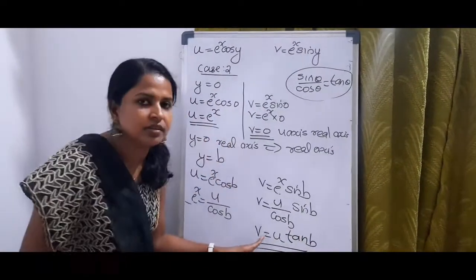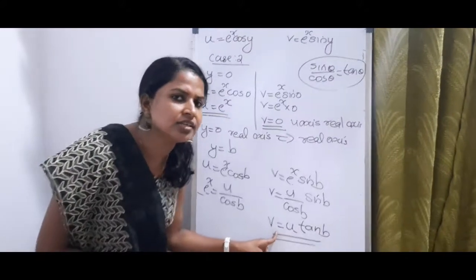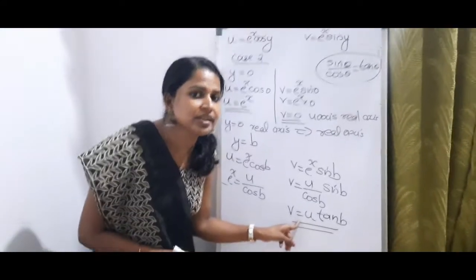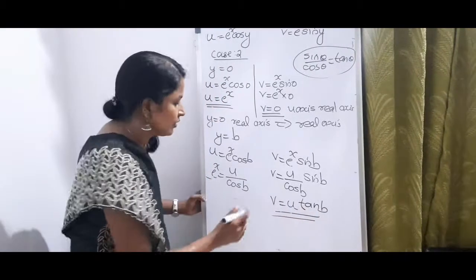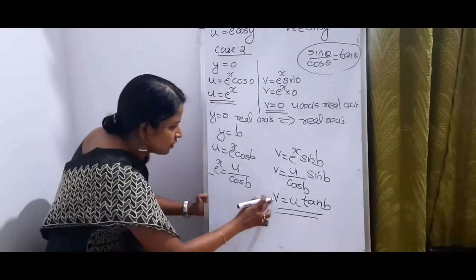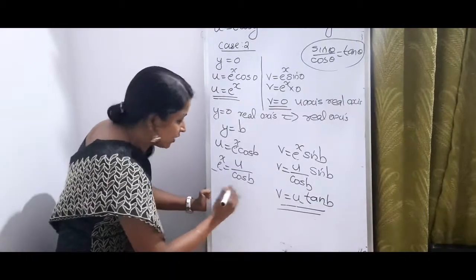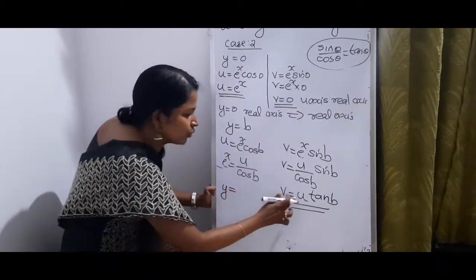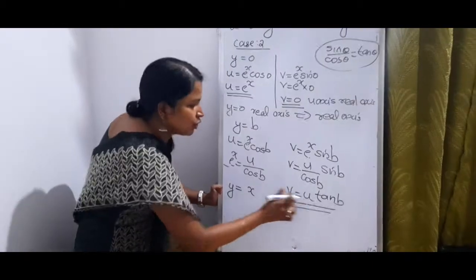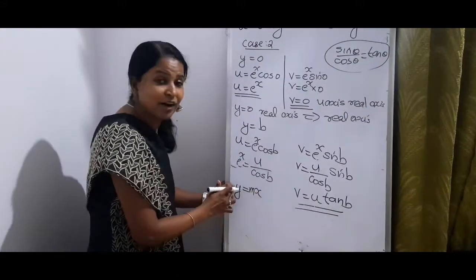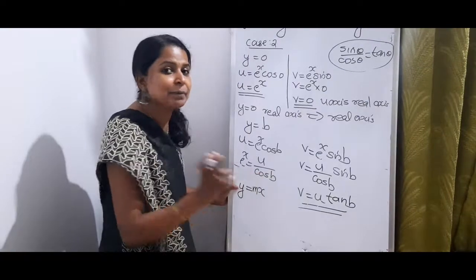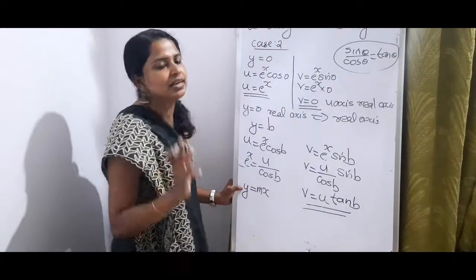This equation represents v equal to u tan b. The general form is, instead of v, y equal to x into tan b. Tan b means a constant, m. Y equal to mx represents a straight line.